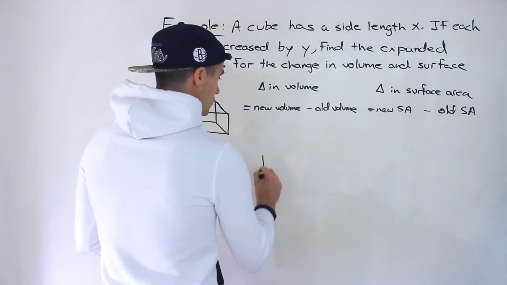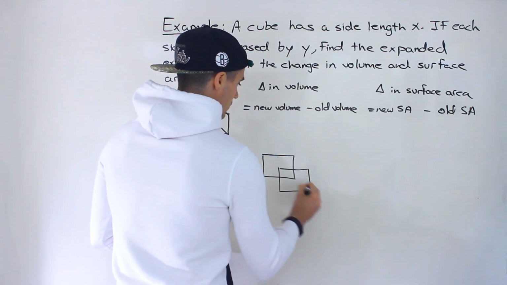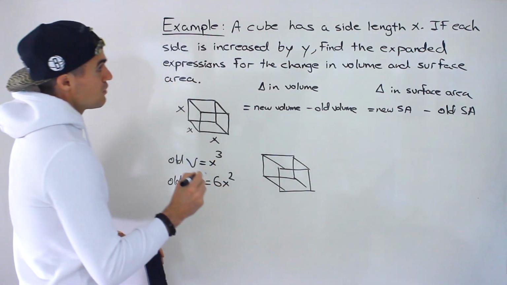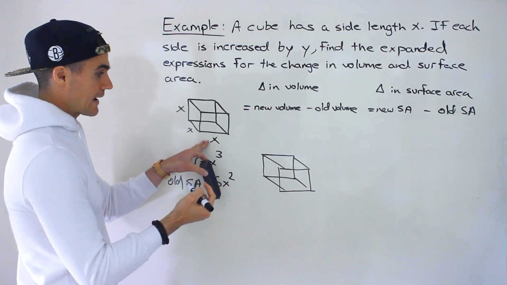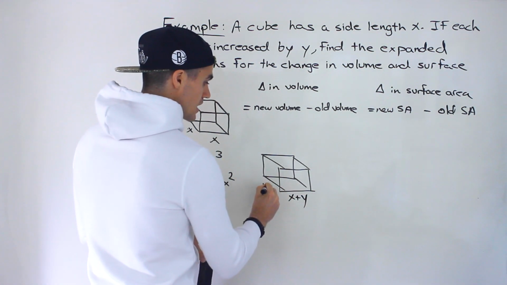Now the new cube, what are we told? We're told that each side is increased by y. So originally we had x, well now we're increasing each of these sides by y.